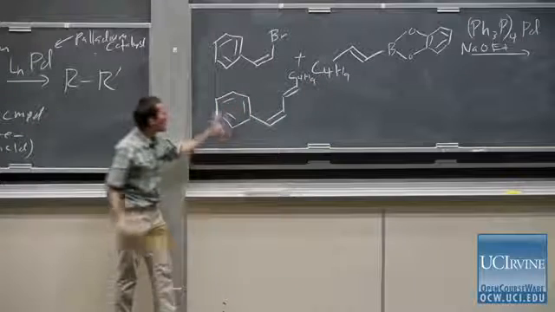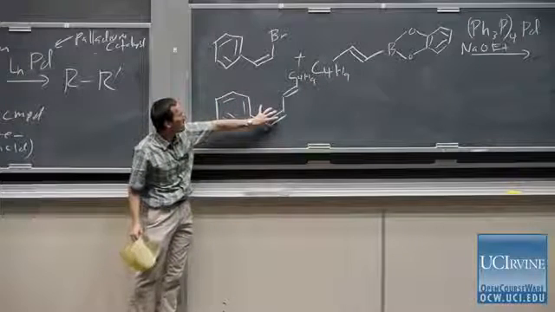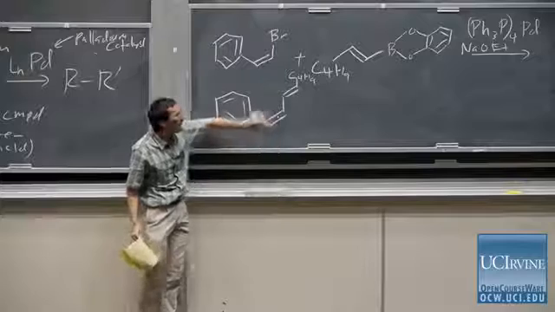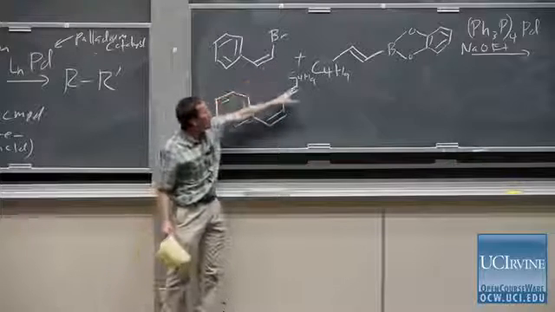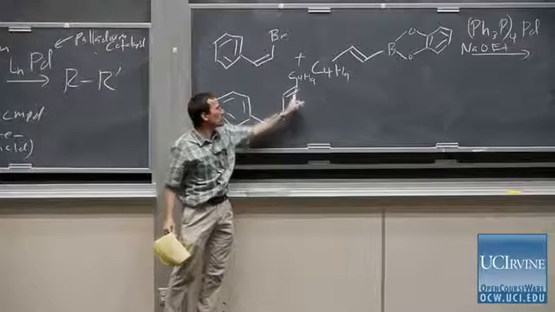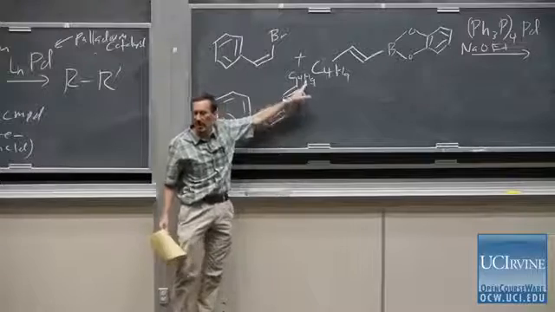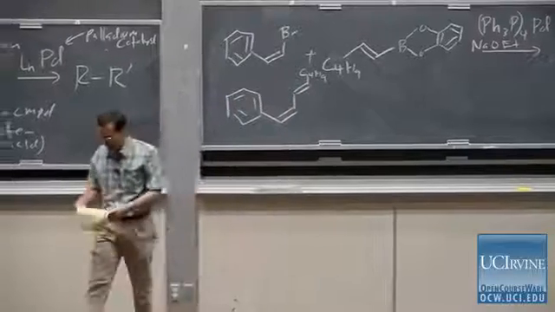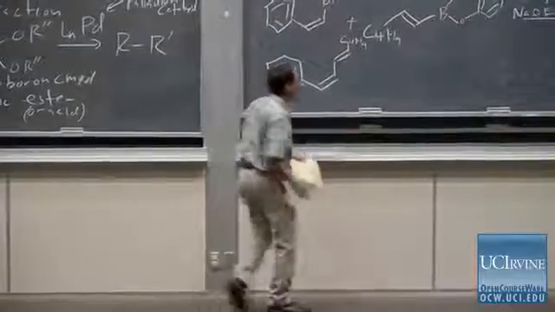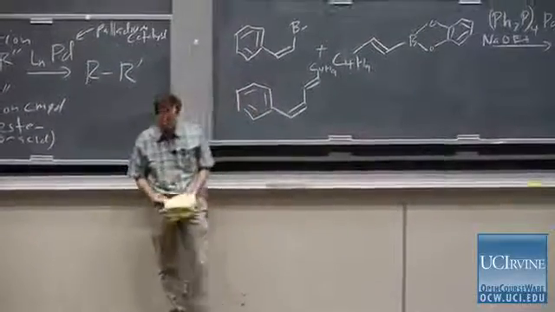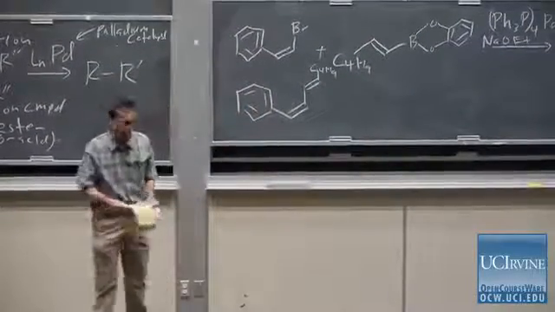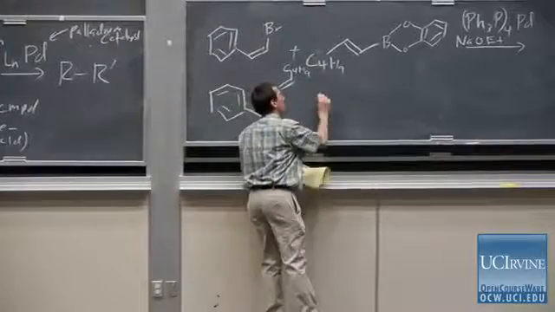So we have the half that came from the alkenyl halide and the half that came from our organoboron reagent, with our double bond and our C4H9 group, our butyl group over there. So this is 1Z,3E 1-phenyl-1,3-octadiene, if you want to know the name.